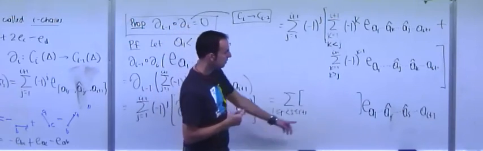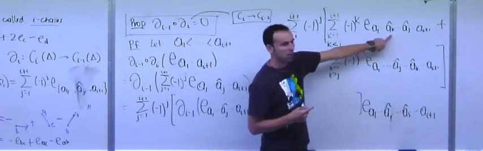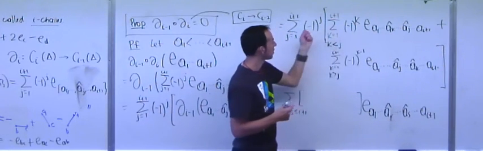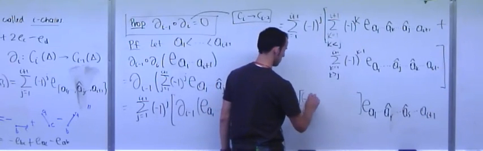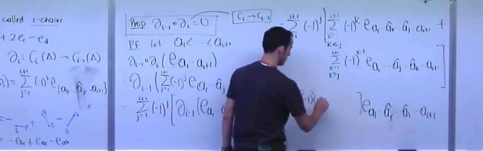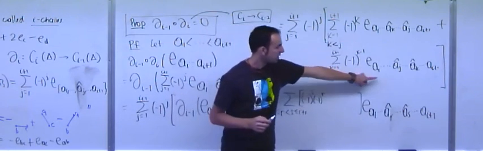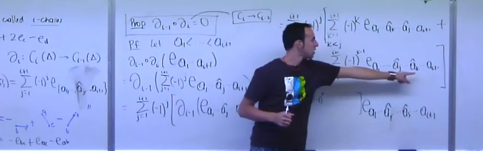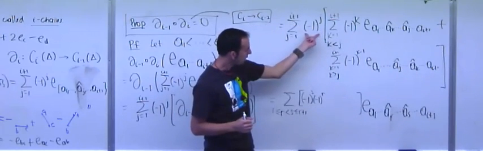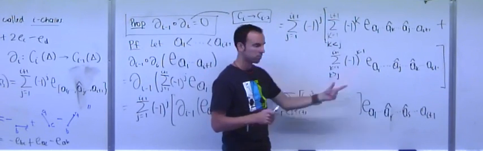So what do I get when I obtain it in this way? When I first took out s and then I took out r. The sign that I get is minus 1 to the s times minus 1 to the r. And what do I get when I obtain it in this way, where first I took out r and then I took out s? I obtain minus 1 to the r times minus 1 to the s minus 1.